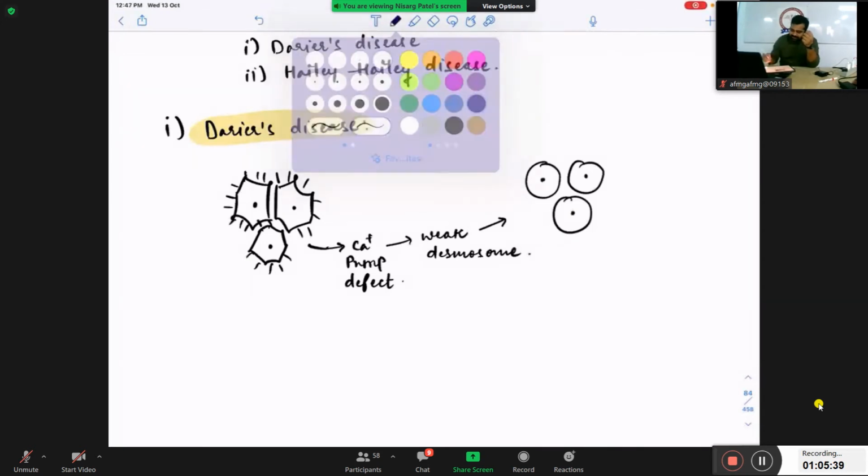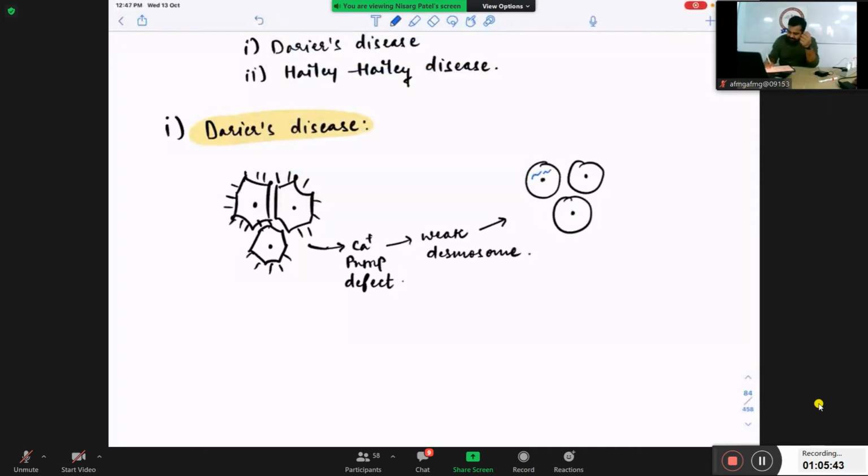As a compensatory phenomenon, to get attached they try to increase the keratin filament, to have a tight connection other than the desmosome.